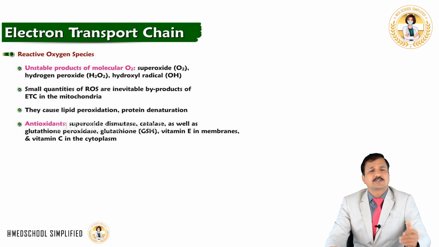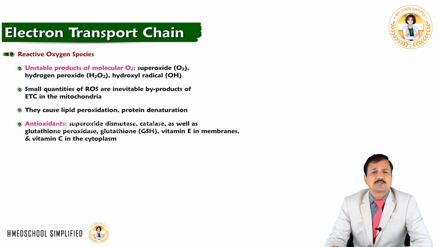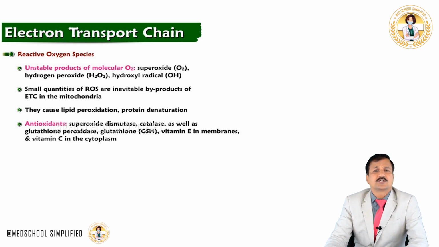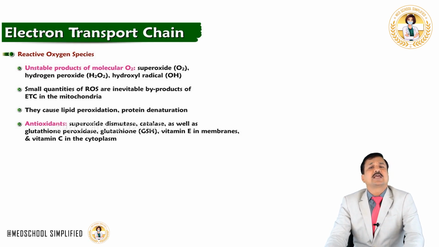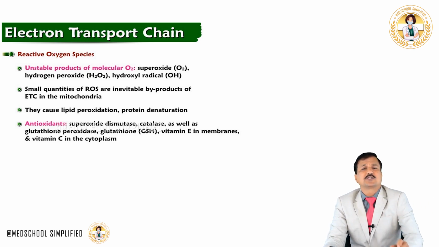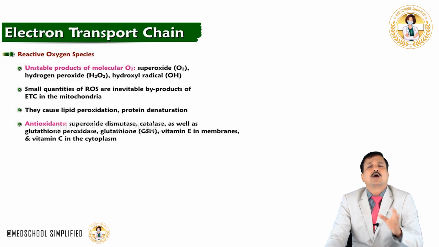So what are the conditions where excess reactive oxygen species can be generated? One condition is the electron transport chain, especially in a tissue that was previously partially oxygenated, when sufficient oxygen-containing blood flows through.